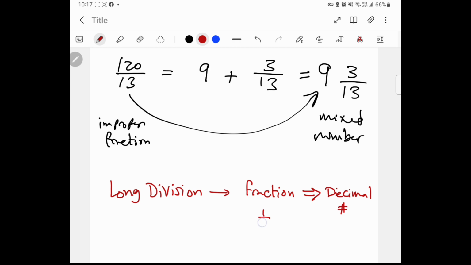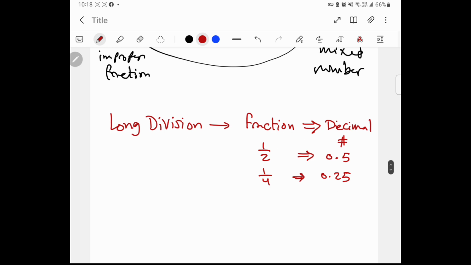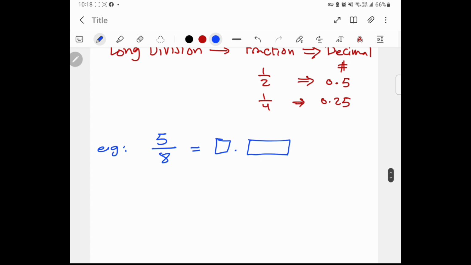For example, 1/2 we know is expressed as 0.5, or 1/4 we know is expressed as 0.25. But how do we do that? So let's take an example of 5 divided by 8. How do we express this as a whole number and decimals? So we use long division.